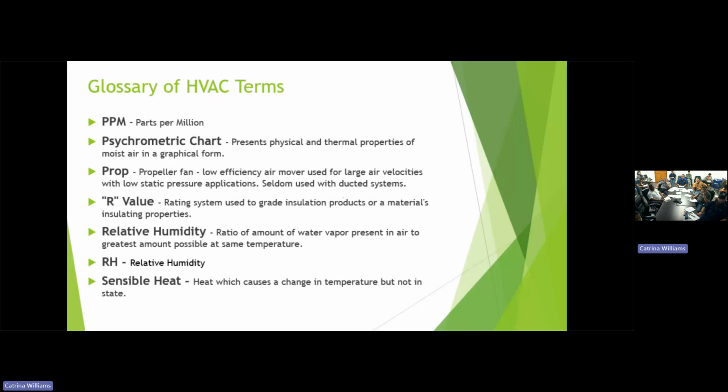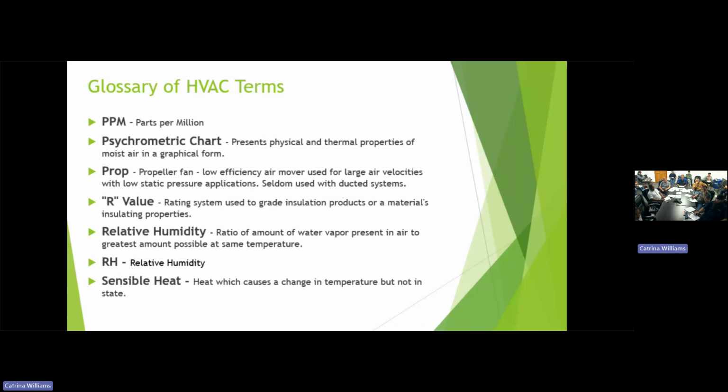They're a low static pressure application, seldom used with ducted systems because they do have limitations. You put just a little bit of static on those prop fans and you can drop 25% of your capacity off like that. They just aren't made to work against that much static.